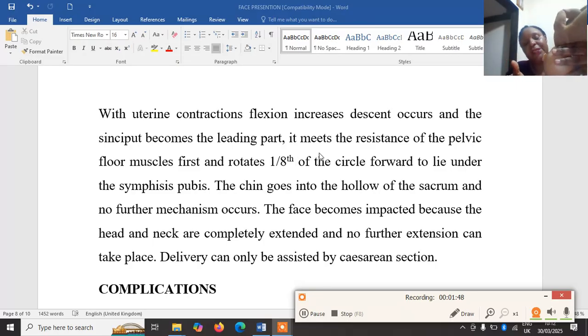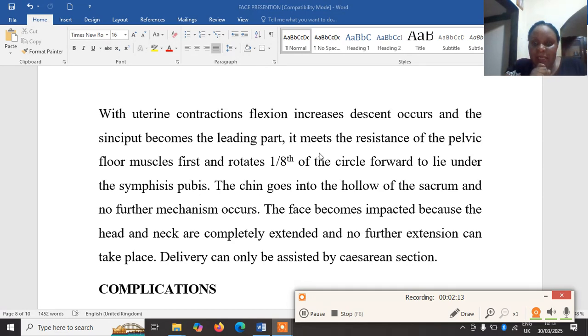This time it is the sinciput down, as it is the sinciput being more down as compared to the mentum in the full face presentation, because in full presentation it is the mentum which is the leading part, but in partial it is the sinciput becoming the leading part.